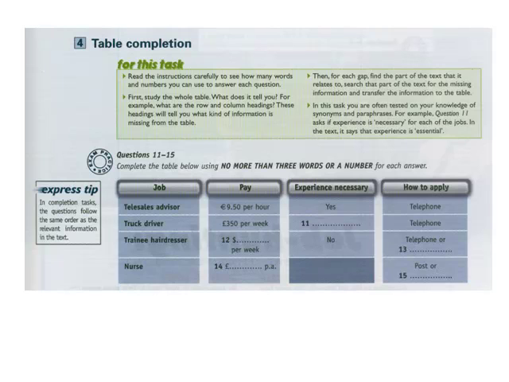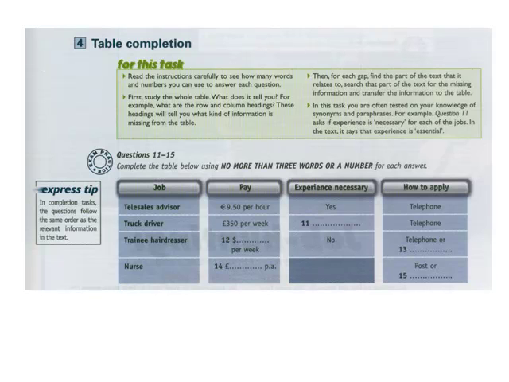If we look at the columns and the row headings, we will learn how the table is constructed. Now, the columns are labeled or given the headings: job, pay, experience necessary, and how to apply.